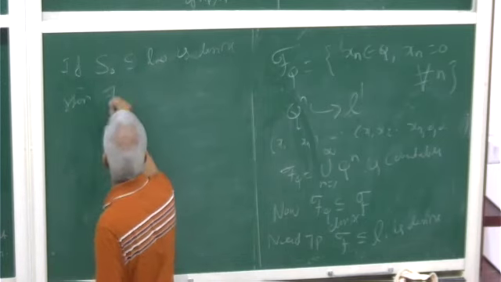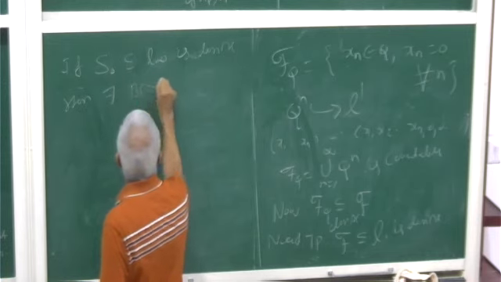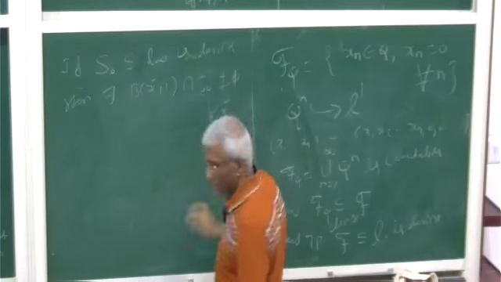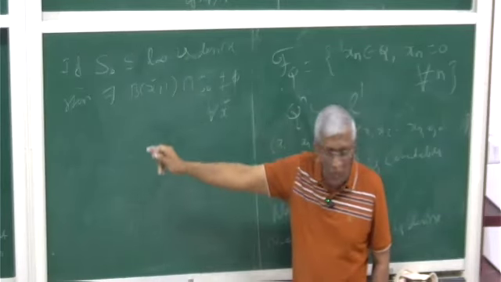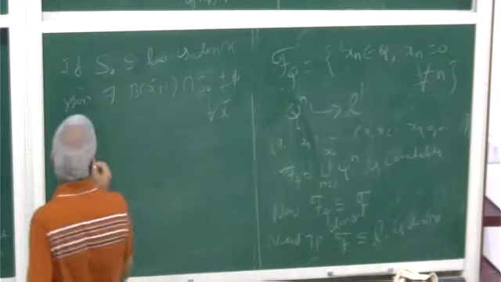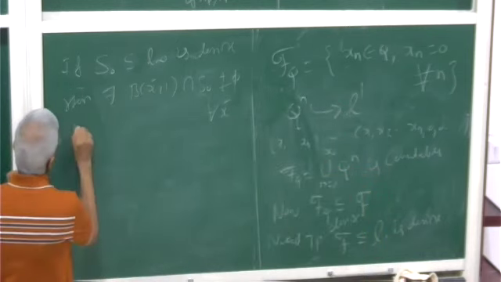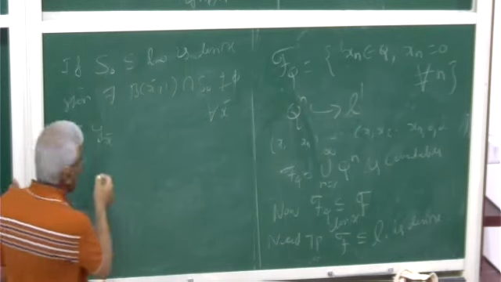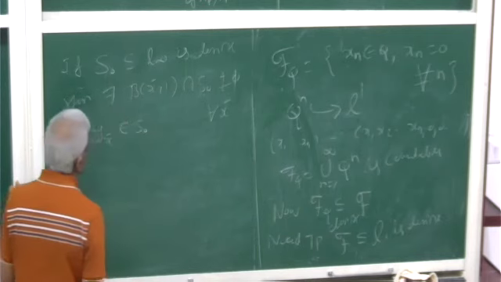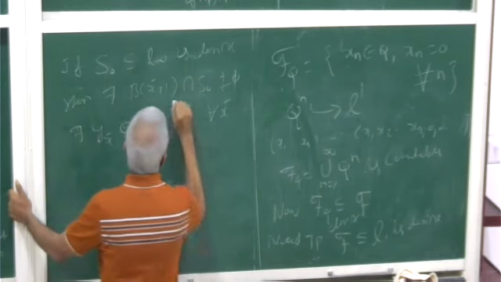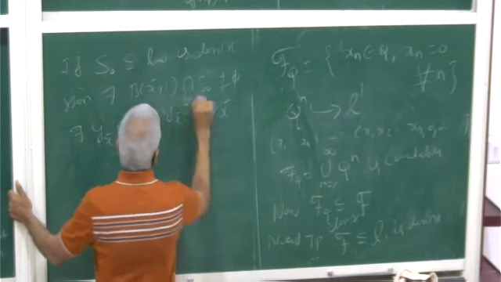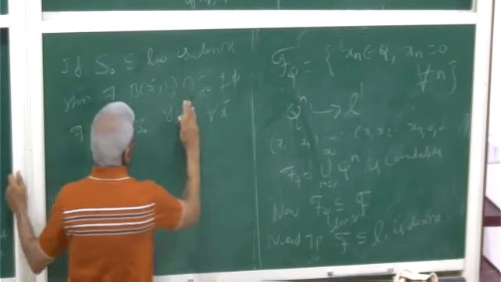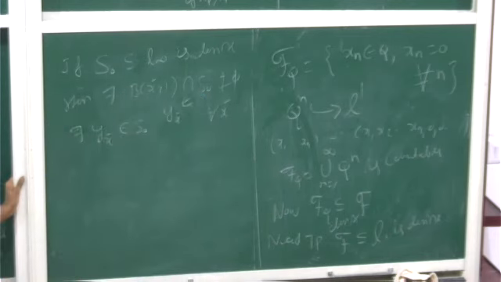There exists y x bar in B of x bar, 1 intersection S naught, which is not empty, for all x bar in S. So you have one element from each ball.